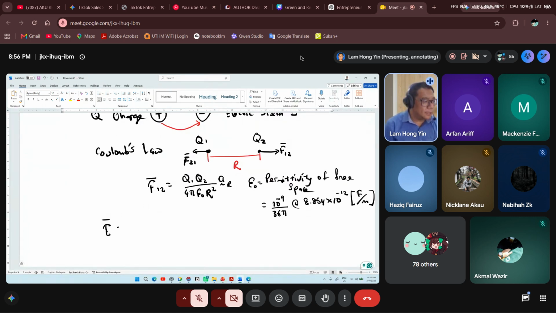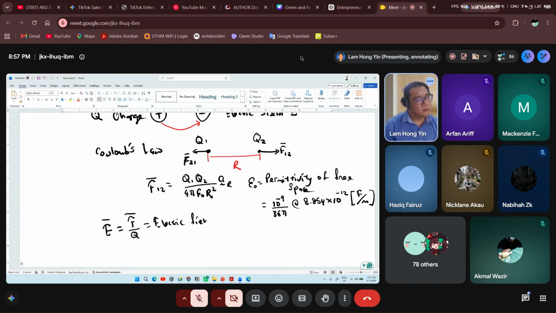The electric field intensity has a relation with the force. When you divide the force by the charge, this is what we call the electric field intensity.